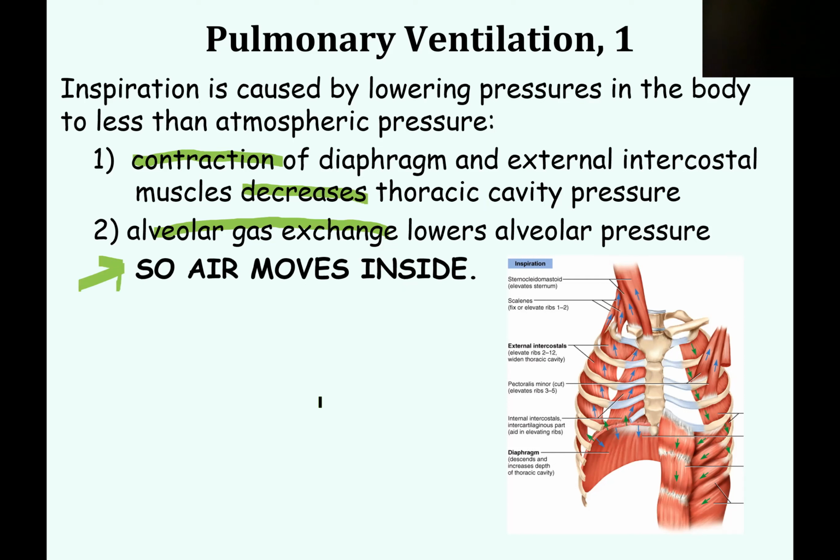So what does this mean? It means that the diaphragm is going to go from a dome to being flattened because it gets pulled down. The external intercostal muscles are going to contract to elevate the ribs.